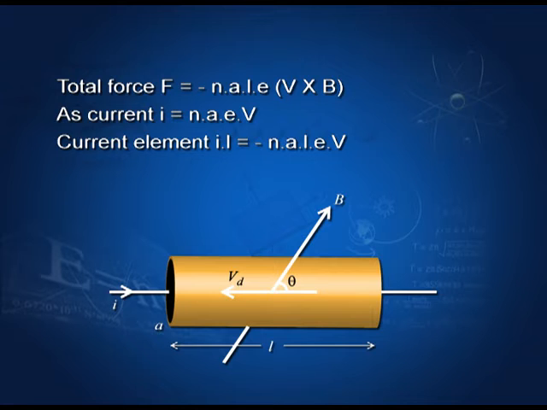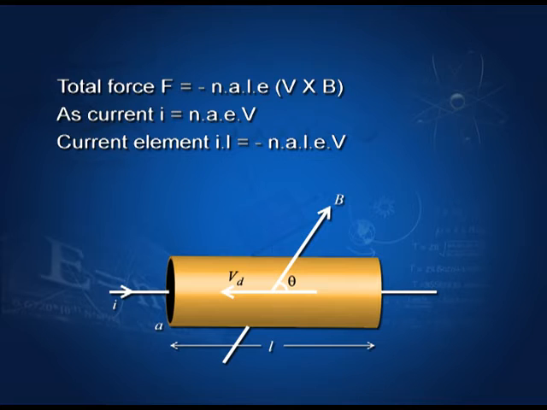So, the current element IL is equal to minus nALe into velocity. This value of current element we are going to substitute in the force formula, F equals to minus nALe into v cross B.